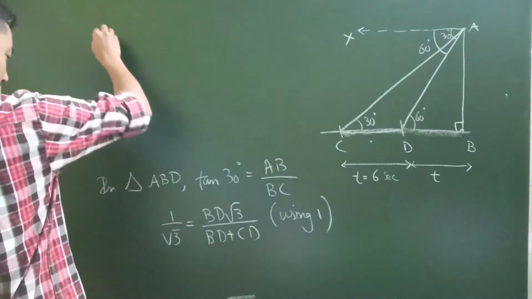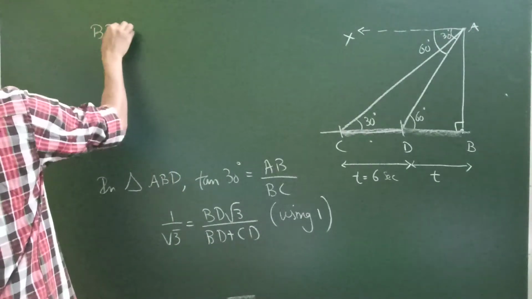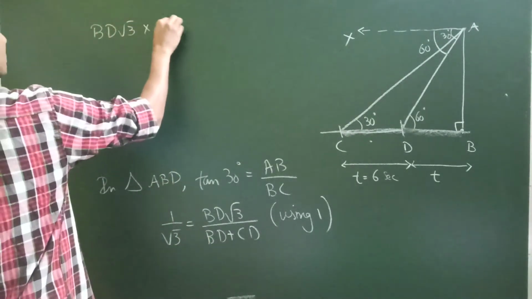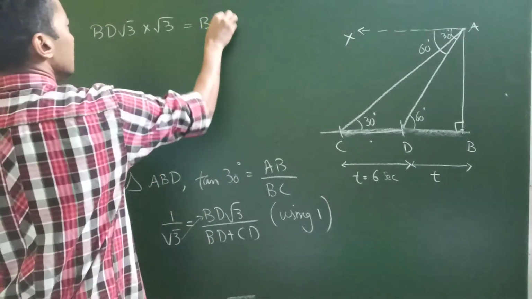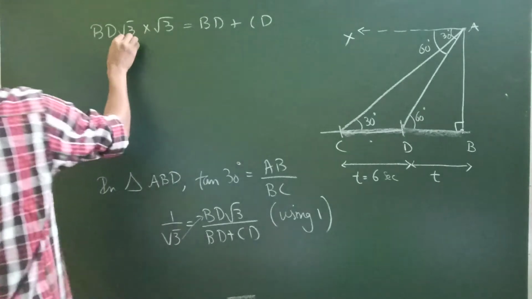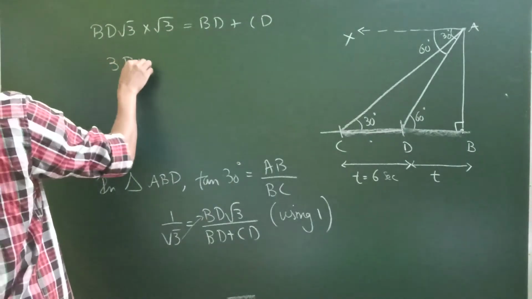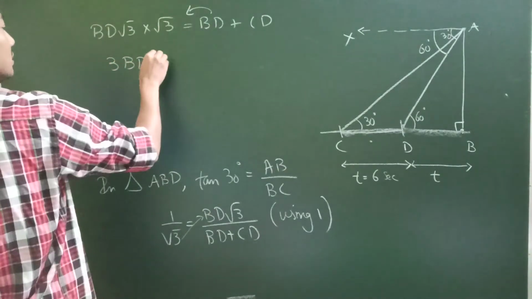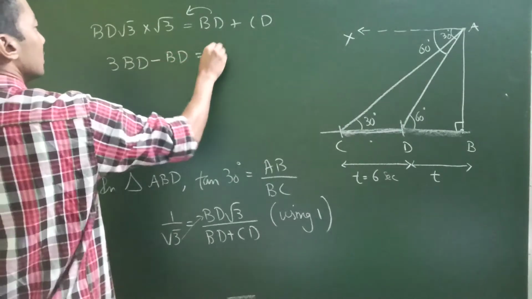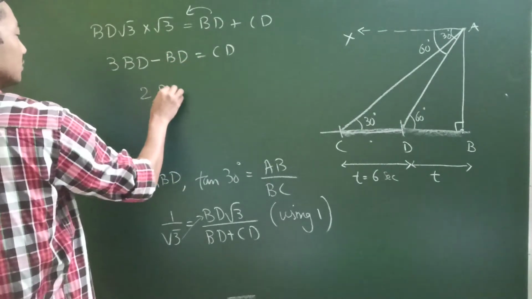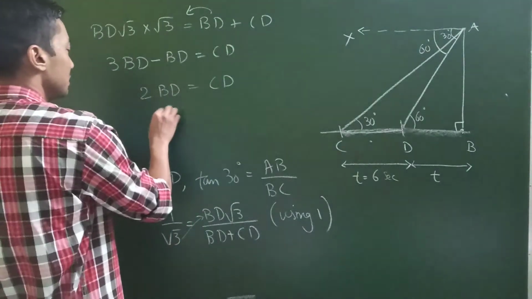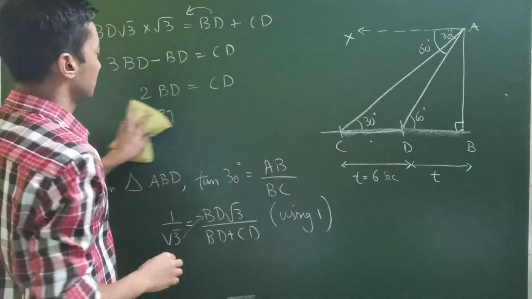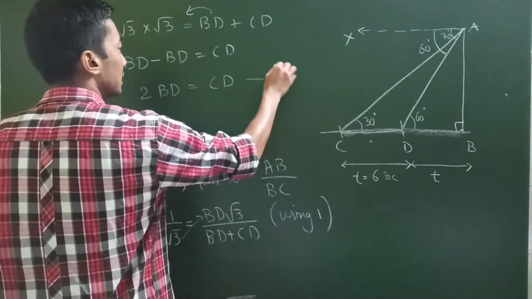Then if we cross multiply, BD root 3 into root 3 is equal to BD plus CD. So root 3 into root 3 is going to be 3BD. I'll bring this 1BD to this side, is equal to CD. So twice of BD is going to be equal to CD. That's what we need. So let's keep that as our equation 2.